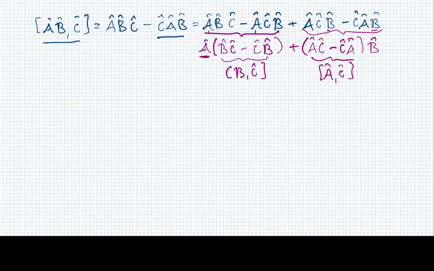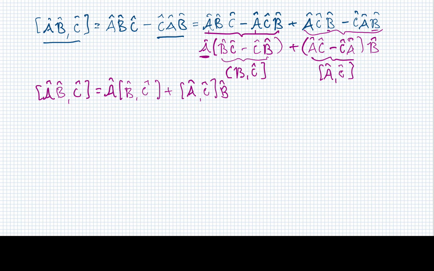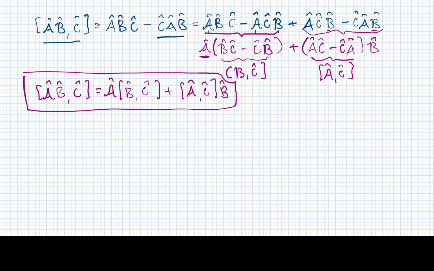So at the end of the day, what I have is the operator identity that if I have a product of operators in a commutator with C, that is simply going to be the A operator times the [B,C] commutator plus the [A,C] commutator followed by the B operator. This is a general rule that you can use whenever you're evaluating commutators like this.